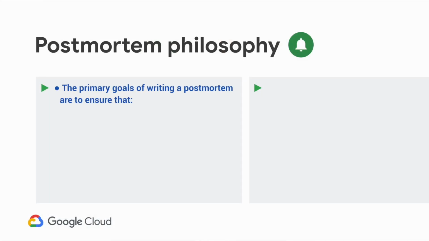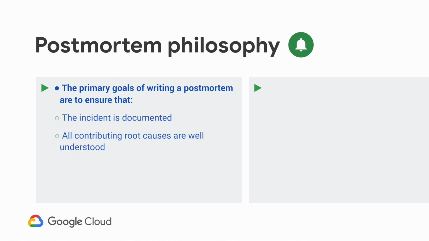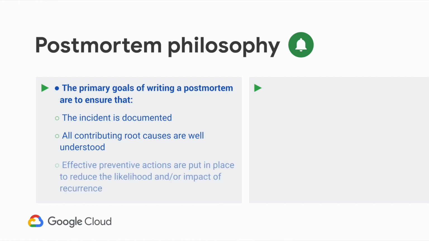The primary goals of a postmortem are to ensure that we fully document the incident, that we understand exactly what caused it, all the root causes of it, and that we identify, plan, and then actually execute the work to address those root causes or to improve the reliability of our service. So we need to figure out not just how to avoid the same failure and prevent it from happening again, but also how to address the entire class of failures represented by this particular outage.